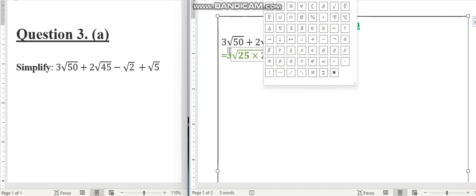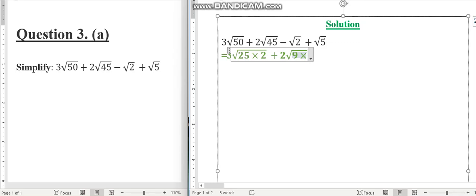So that will give us what we have here. Then the next thing left is minus root 2 plus root 5, which is already simplified, so we don't need to simplify that. We just have to rewrite it here like this.